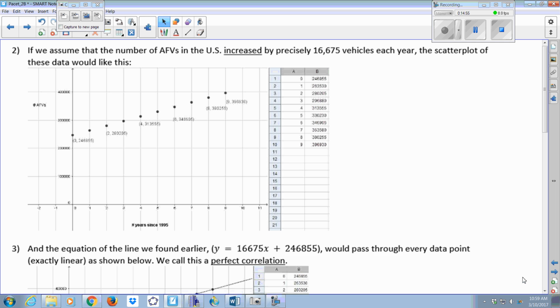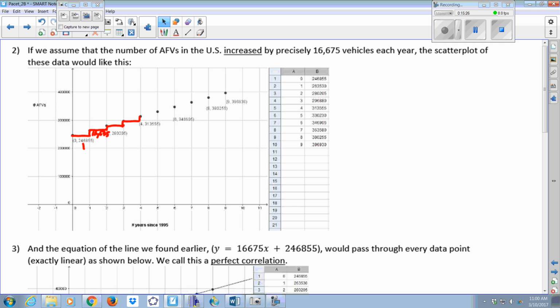Notice each year from 1995 up to 2004, we would have this many vehicles, increasing by exactly 16,675 per year. So that would show the slope. As each year goes by, we go up by 16,675. And this would not change between any 2 points on this particular graph.